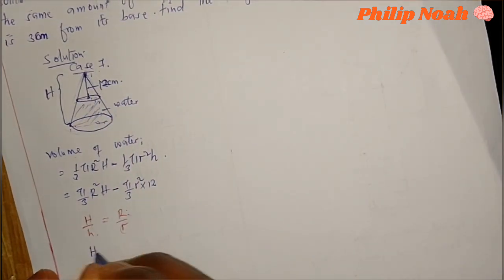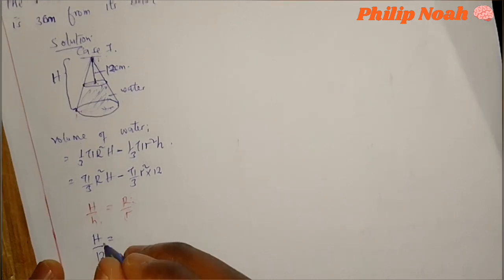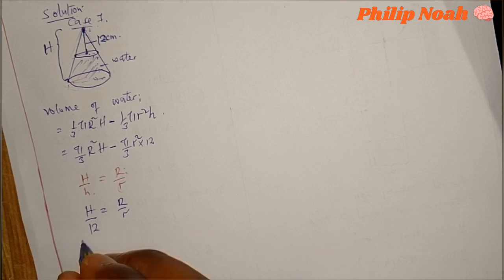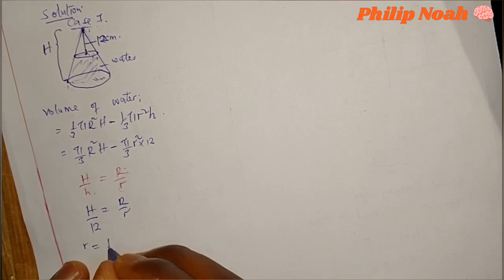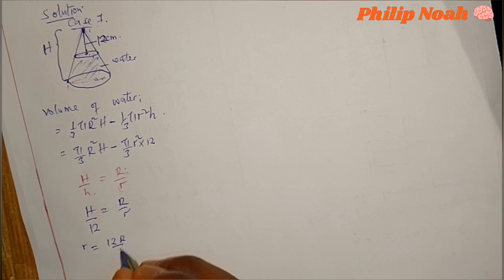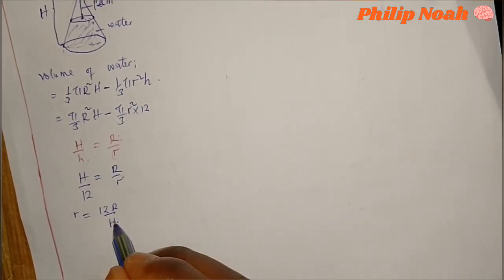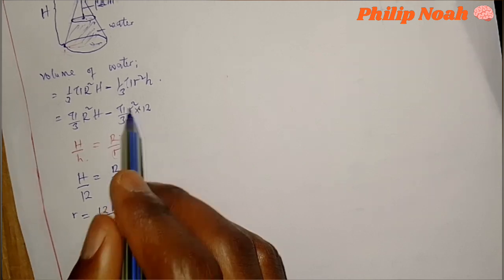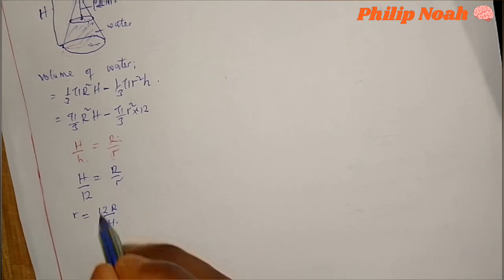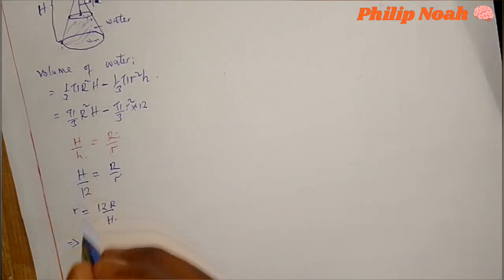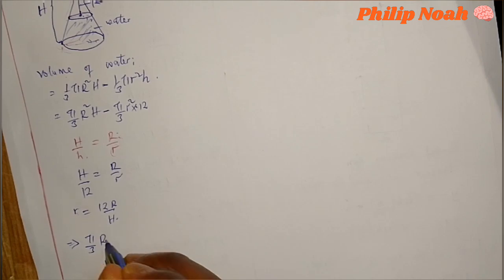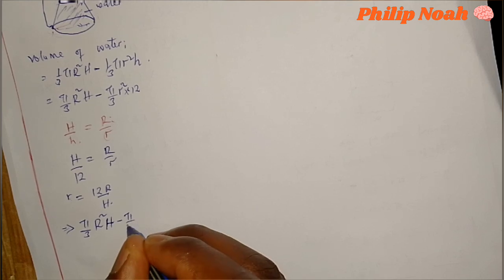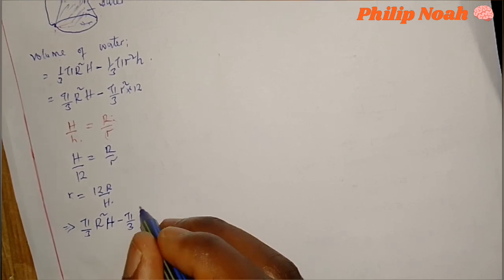So this is 12 over H is equal to r over R. We make small r the subject of the formula, and this becomes r is equal to 12R over H. So we shall substitute this in this. Where we have small r, we put this. And now we have the volume of water as pi over 3 R squared H minus pi over 3 times R squared.